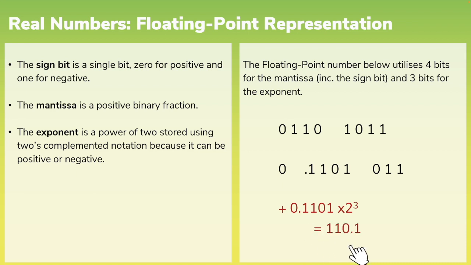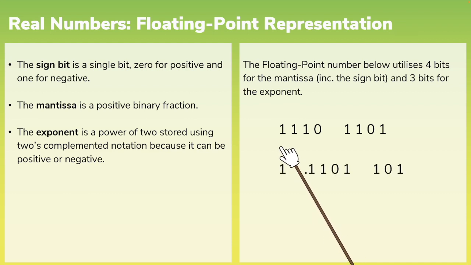In this example, you will notice that our sign bit is 1, which suggests to us that it is a negative number. So it is negative 0.1101. In our exponent, it's stored using 2's complement, and the first value is a 1. Therefore, it is a negative number.